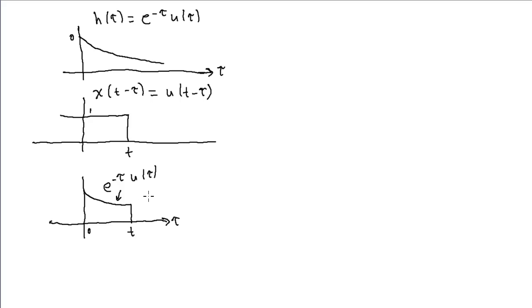The next step is actually just integrating this, finding the area under the curve. My limits on my integral are between 0 and t. That's the only region where this is non-zero, and I'm integrating e to the minus tau.